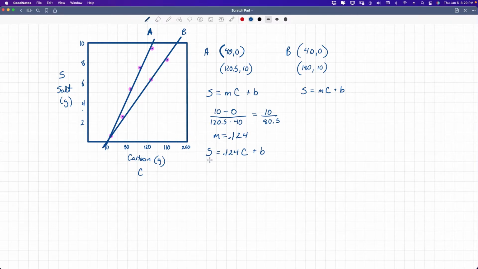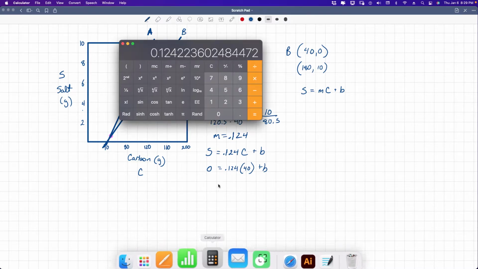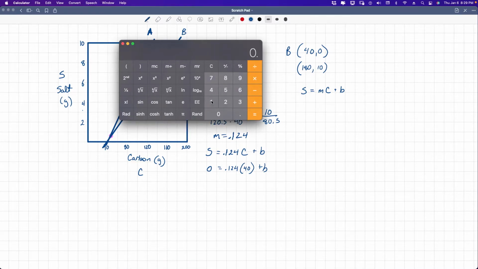And since S is in my Y position, this is going to be 0. And this is 0.124 times 40, because those are the same points. That lets me solve for B, right? So I do this. I say, what was it? 10 divided by 80.5, 0.124, okay.